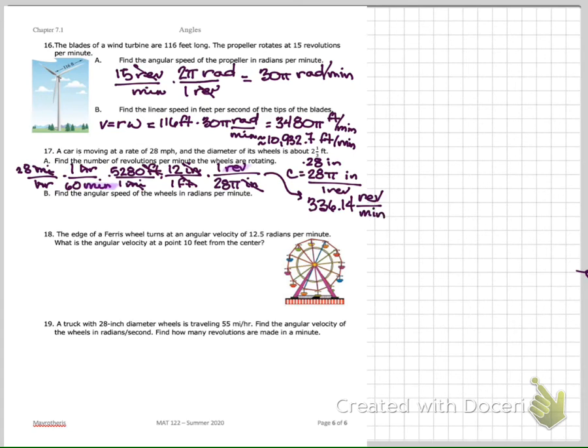B wants the angular speed in radians per minute. So I've got 336.14 revolutions per minute. I want to cancel revolutions and end up with radians.